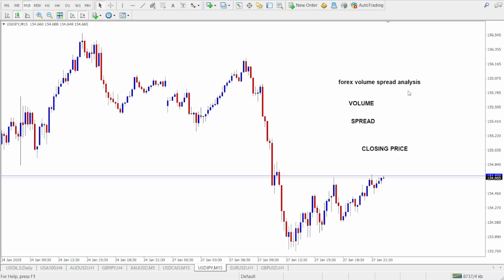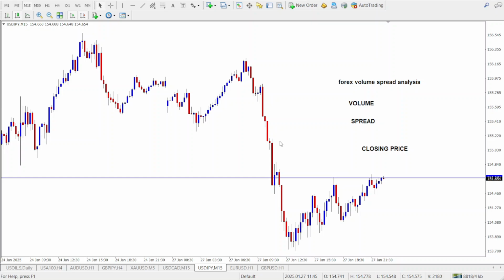Now, let's quickly break down the three core elements of VSA. For volume, volume tells us how much activity is happening in the market. High volume typically indicates strong participation, often by institutional players, while low volume suggests less interest. Spread refers to the range of a candlestick, the difference between the high and the low.